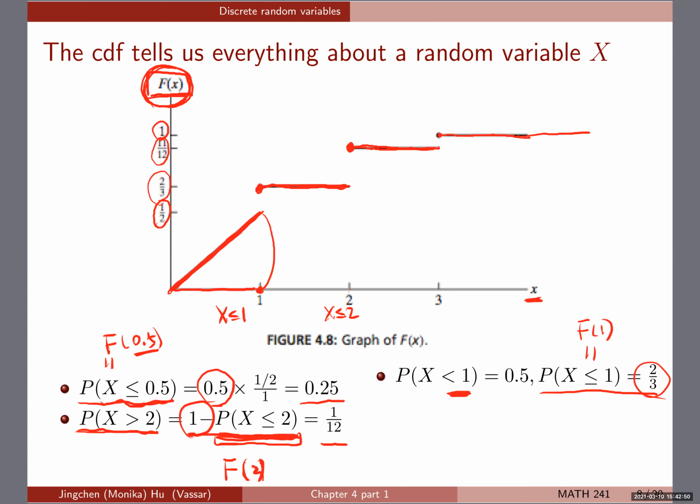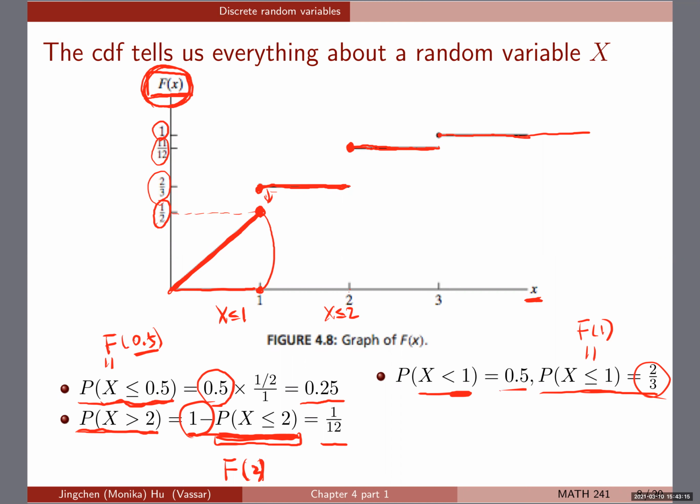If I now go to X smaller than 1, it does not include the event of X equaling 1 exactly. So it's going to be everything below this line, and if I look at it, the probability of X smaller than 1 will be exactly at this point, 1/2.